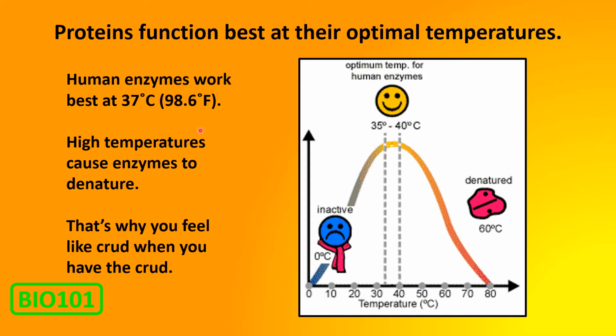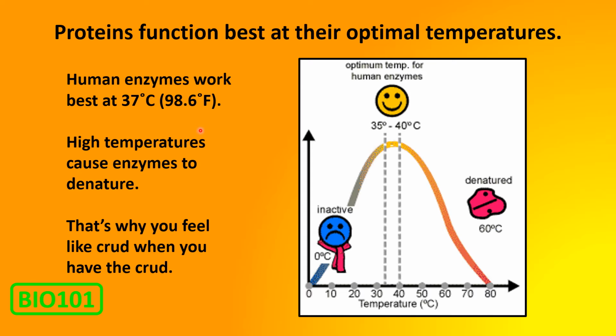Your enzymes start breaking down, and enzymes are the substance by which everything works. When your enzymes don't work, you don't work. That's why you feel like you've been hit by a truck. And when enzymes don't work, your muscles stiffen up, your breathing gets labored, your head starts to hurt, all of those things that happen when you get sick and when you get a fever.